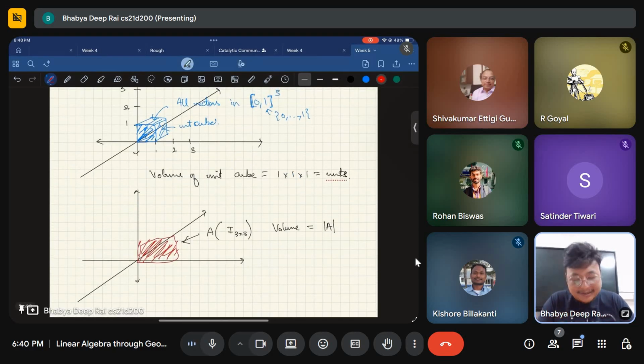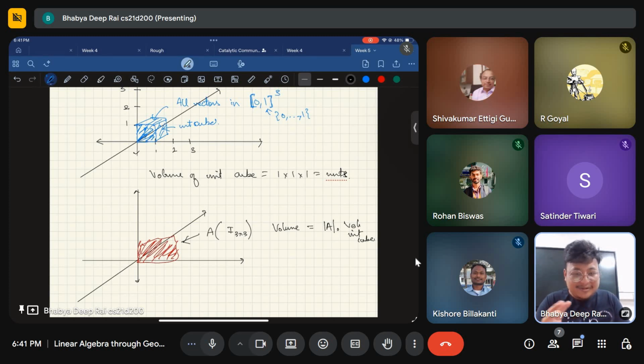All I'm saying is, if you do this to a unit cube and you get some weird, strange object, the volume only changes by a factor of the determinant. So the new volume is just the determinant of A times the volume of the unit cube.